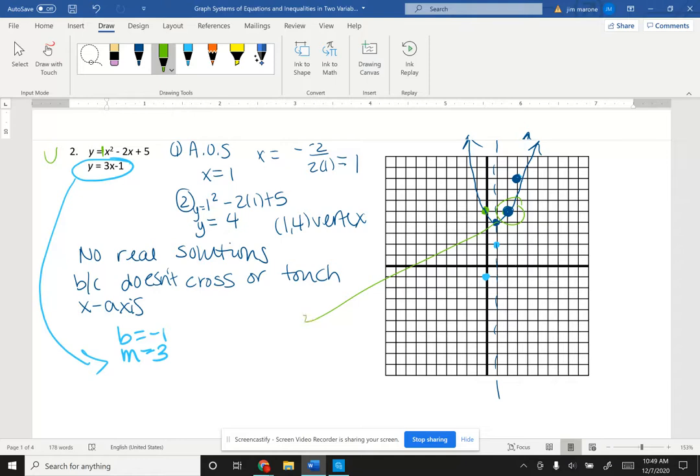So I'm going to check that. Oops, not that one. So I'm going to choose x is equal to 3, and substitute it into the quadratic equation.